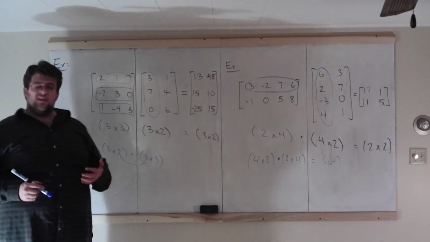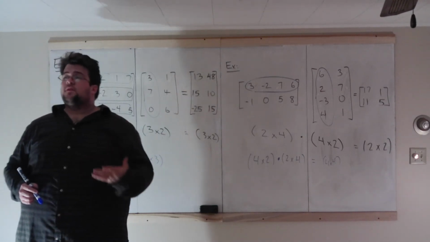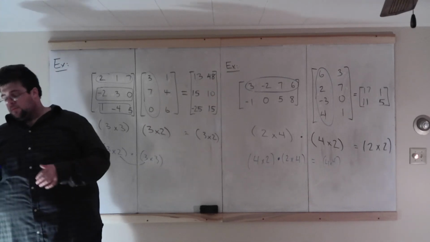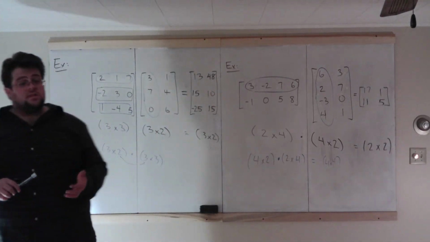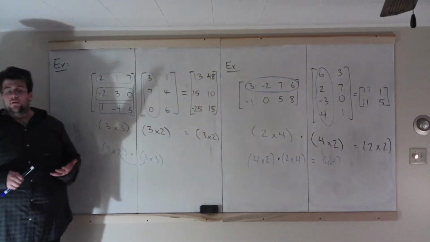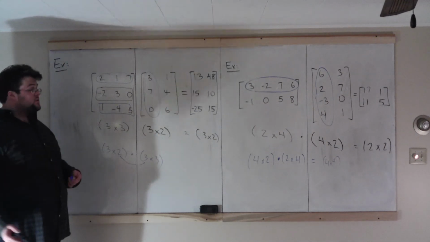You're told through most of your math lives, addition is commutative with numbers, multiplication is commutative with numbers. With matrices, addition is commutative. But the first real example of multiplication not being commutative is with matrices.